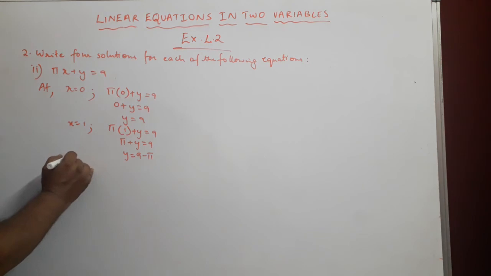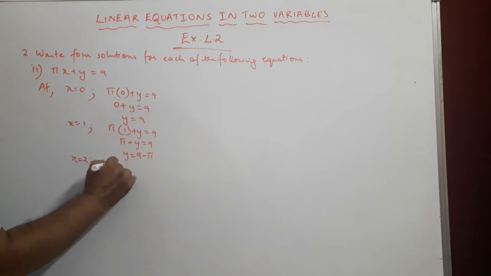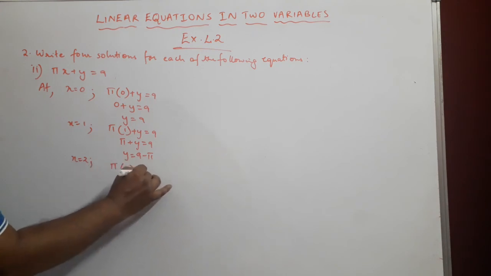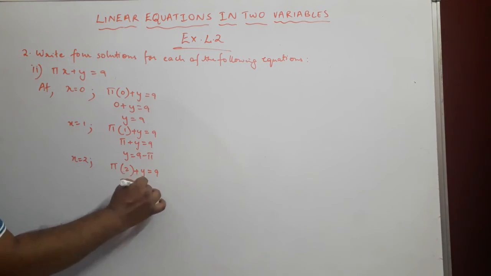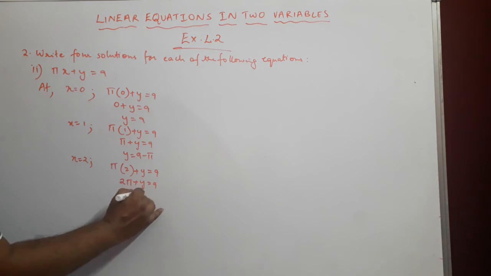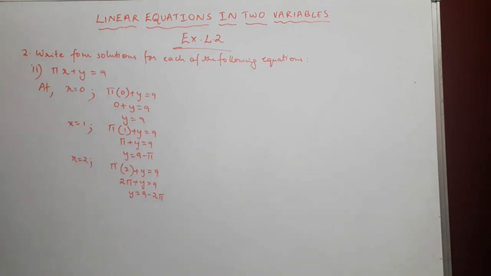Next we'll take x equal to 2. We get pi into 2 plus y equal to 9. Pi into 2 is 2 pi plus y equal to 9. I'll take 2 pi on the other side and it will become negative. So 9 minus 2 pi is what we get, the value of y when x is equal to 2.